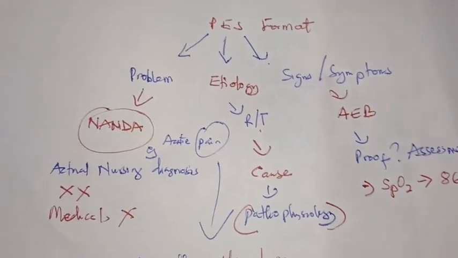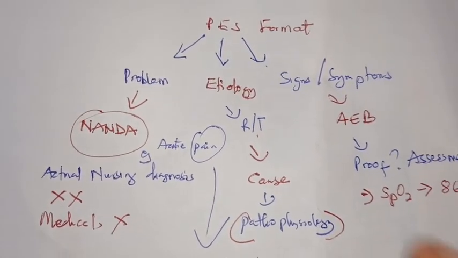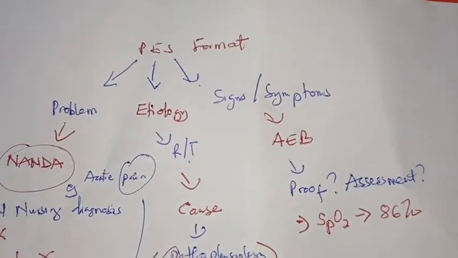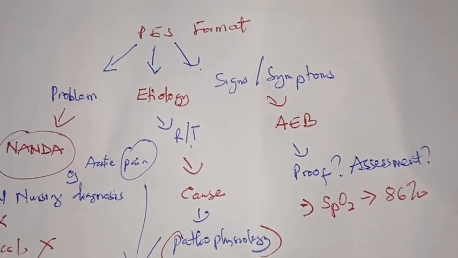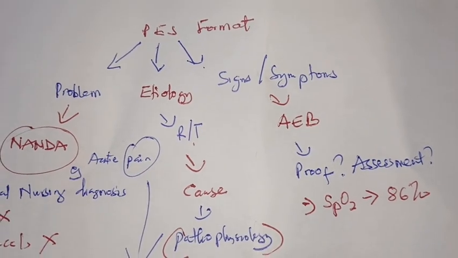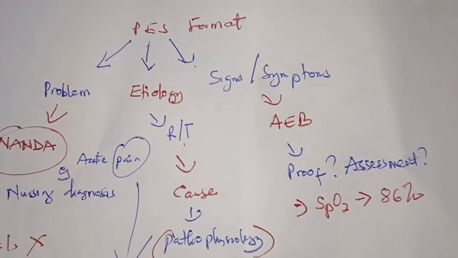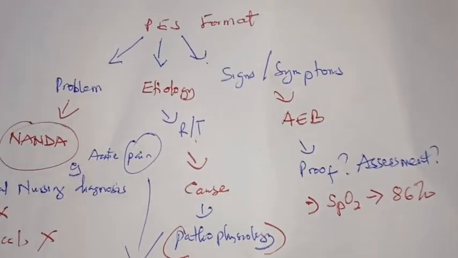So the problem part, you just take a problem or a diagnosis from the NANDA. Then you relate it to a cause. What do you think can be causing or can contribute to the current predicament or state of your patient? That's the etiology.